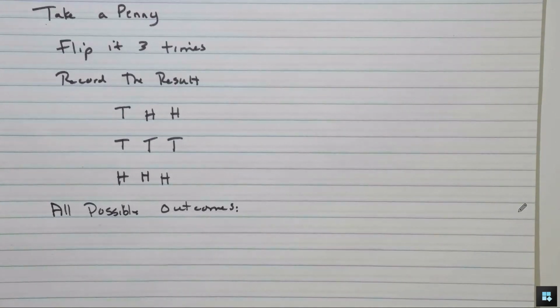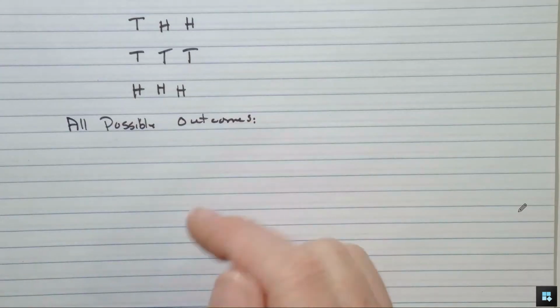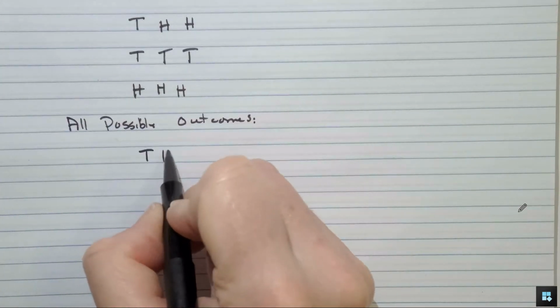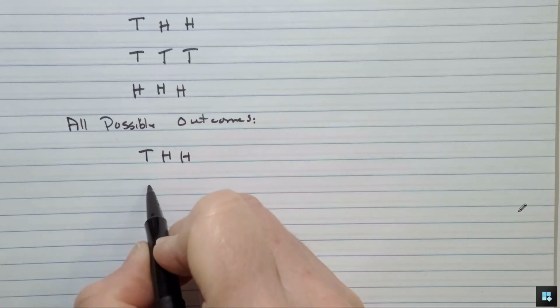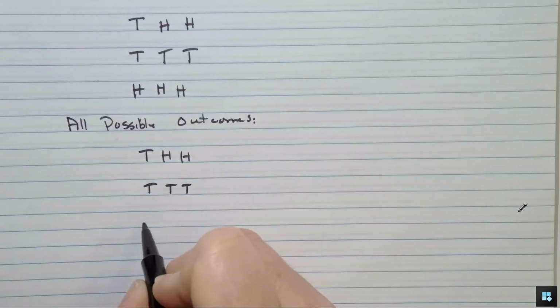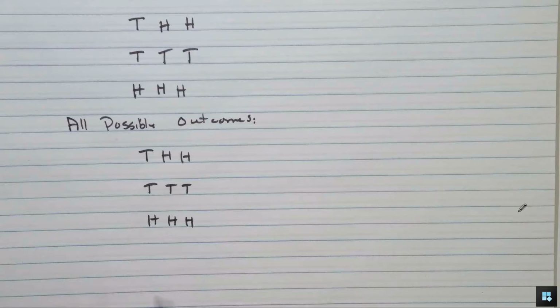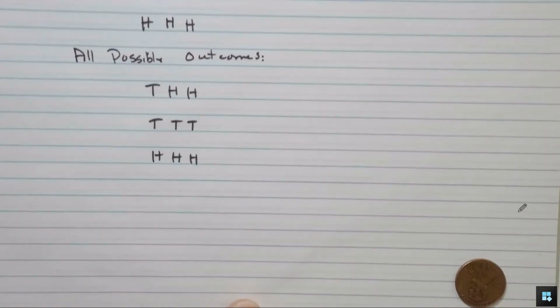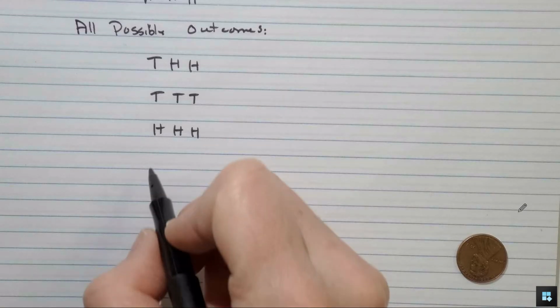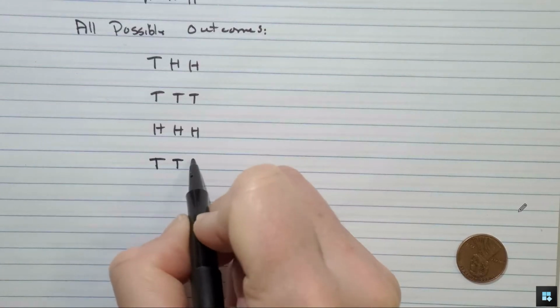So we're going to list all the possible ways that could have turned out, and I'll start with the 3 that I have. So I have tails, heads, heads, tails, tails, tails, heads, heads, heads. Somebody tell me an outcome that wasn't any of these 3s that you got, please. Tails, tails, heads. Okay?